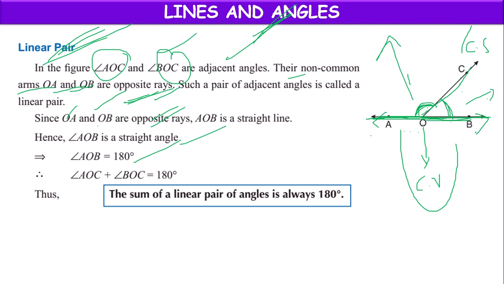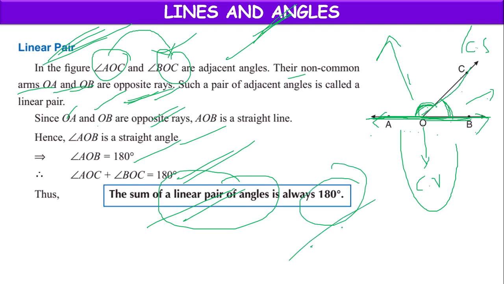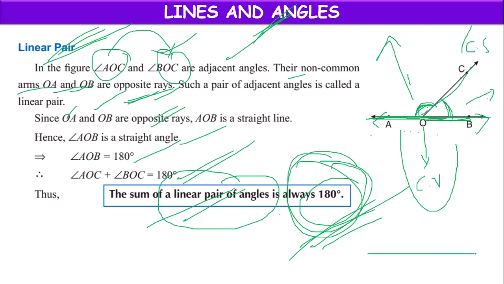So angle AOC plus angle BOC equals 180 degrees. If two angles form a linear pair, their sum is always equal to 180 degrees. So if in a linear pair one angle is 30, the other angle will be 150, so that 30 plus 150 is 180.